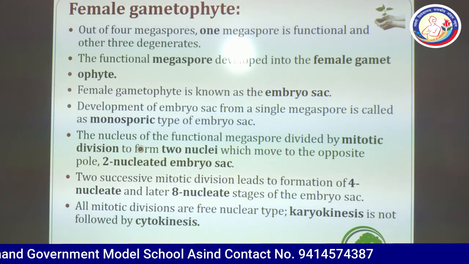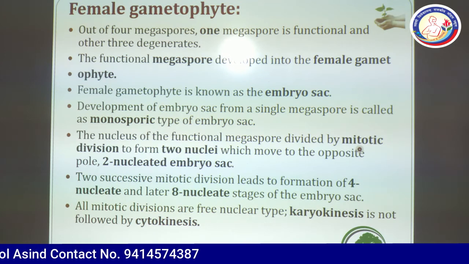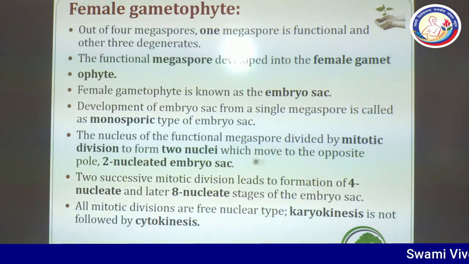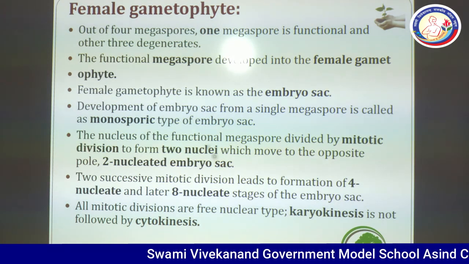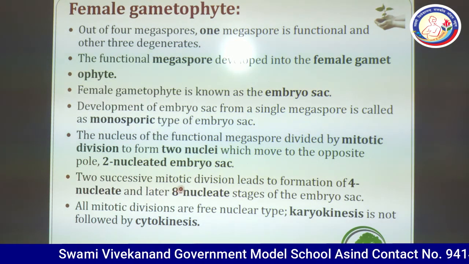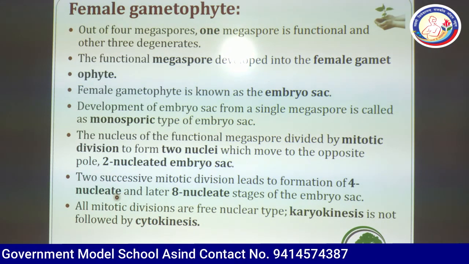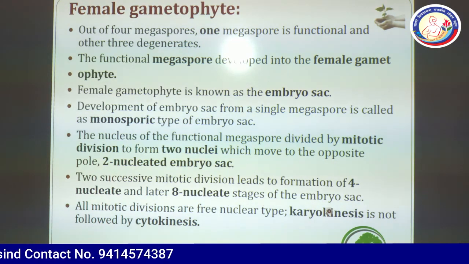The nucleus of the functional megaspore divides by mitotic division to form two nuclei, which move towards the opposite poles. This is called the 2-nucleated embryo sac. Then, two successive mitotic divisions lead to formation of four nuclei and later on the 8-nucleate stage of the embryo sac.